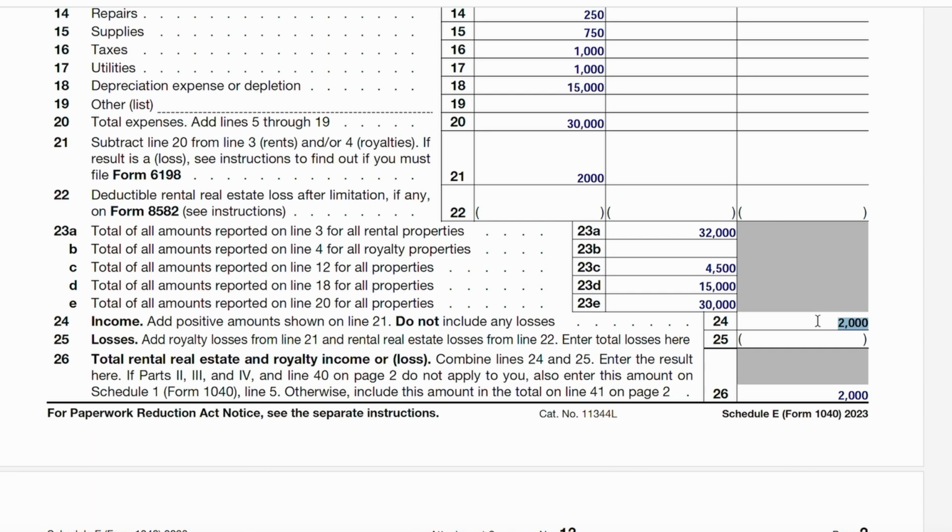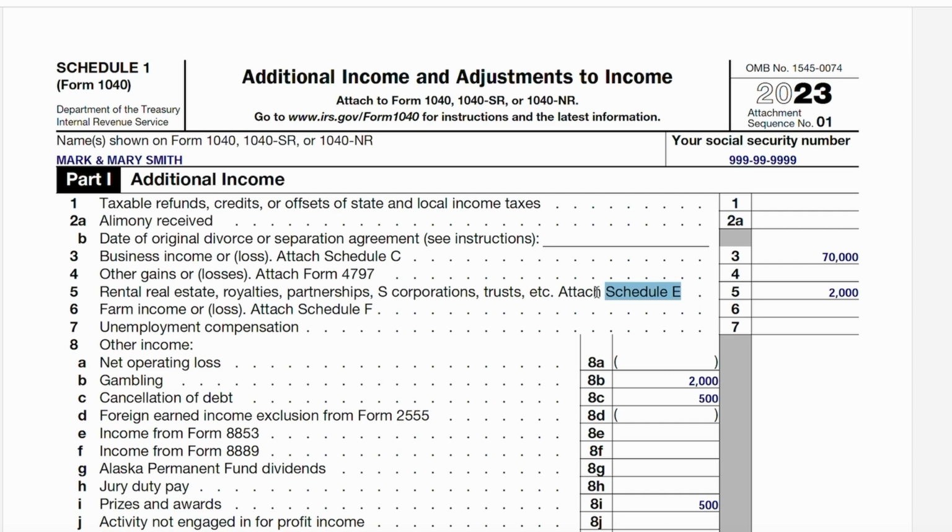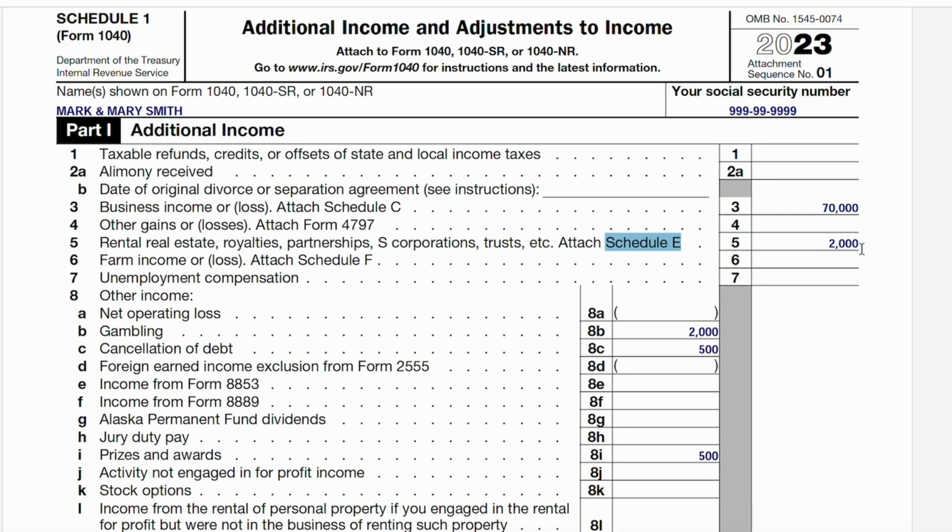This 2,000 will flow to, you can see it over here, Schedule 1. So let us go to Schedule 1. This 2,000 will flow to Schedule 1. For business income, first report it on Schedule C. From Schedule C it has a stopover at Schedule 1 part 1 additional income, 70,000 reported over here.